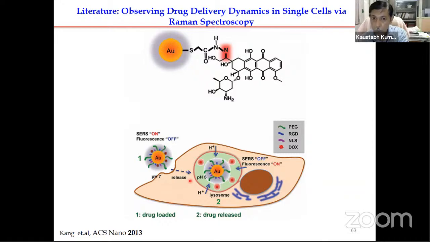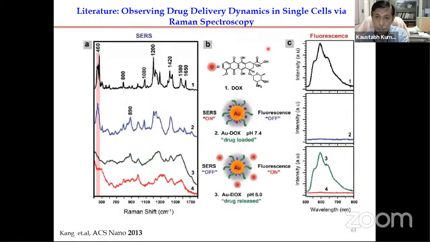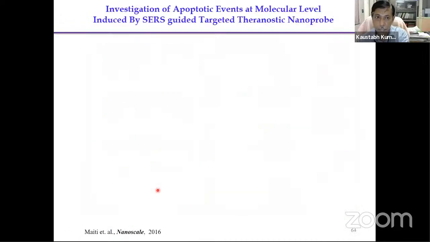When it is clipped, doxo is liberated from the gold nanoparticles, and once liberated it has inherent fluorescence in the red region. We can see the fluorescence turn on, and when it is apart from the nanoparticles, the SERS signal comes down. So a turn on and turn off mechanism is established as a nanotheranostic platform.